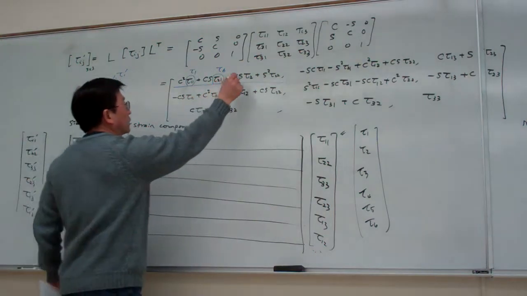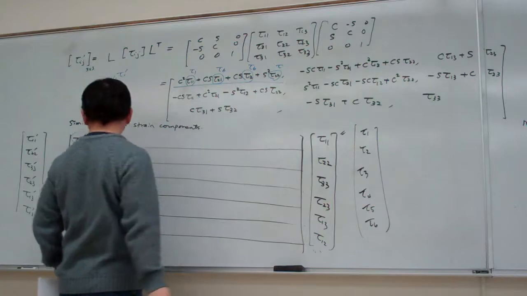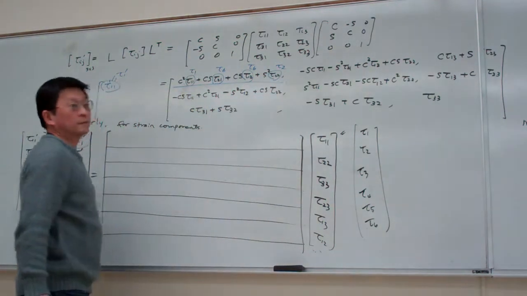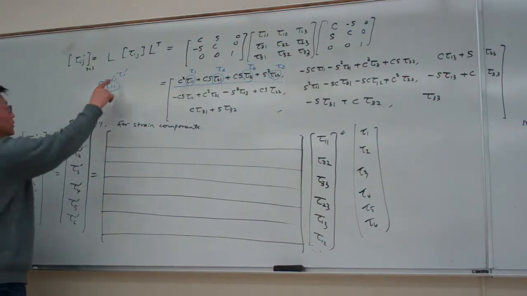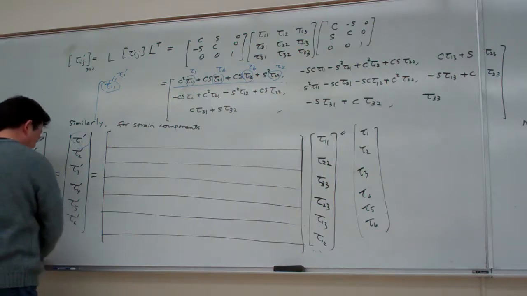And what is tau 12? The same thing, this is tau 6. And what's tau 22? That is our 2. So tau 1 prime equal to those things, so fill out the numbers, and there's a 6 by 6.